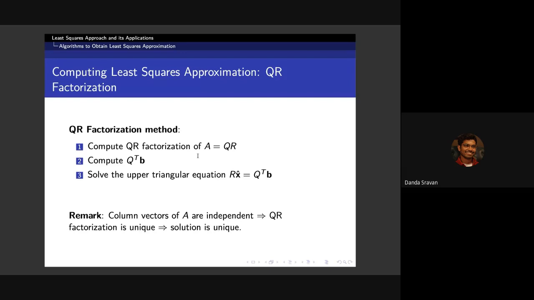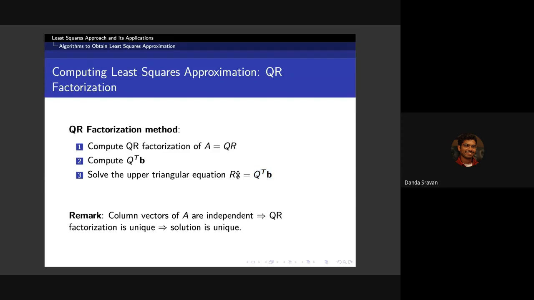First is QR factorization. I take the matrix A and rewrite it as a product of an orthogonal matrix Q and an upper triangular matrix R. Since Q is an orthogonal matrix, I multiply both sides with Q transpose, which leaves me with R x hat on the left hand side and Q transpose b on the right hand side.